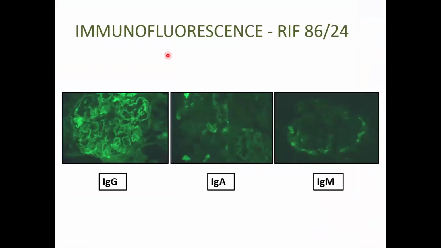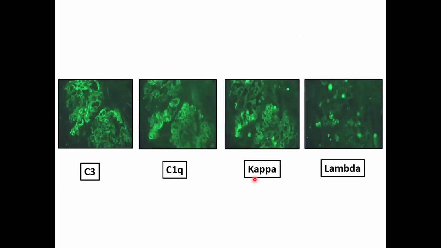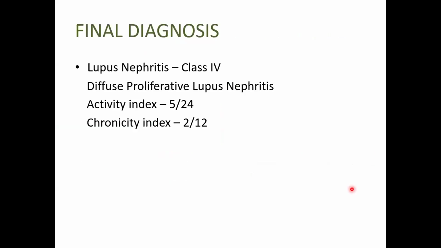In immunofluorescence, IgG was 3+, IgA was 2+, IgM was negative, C3 was 3+, C1q was 3+, and kappa and lambda were similarly 3+.